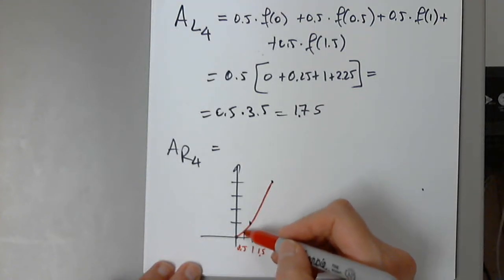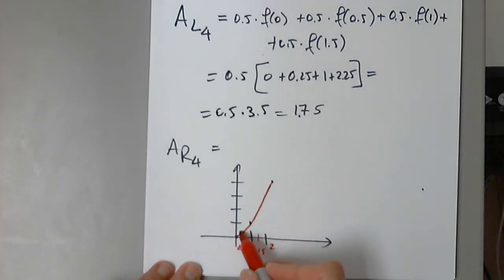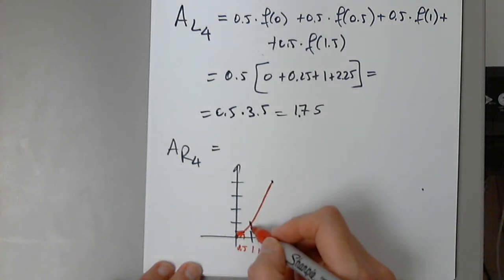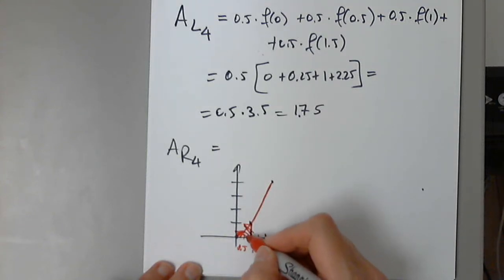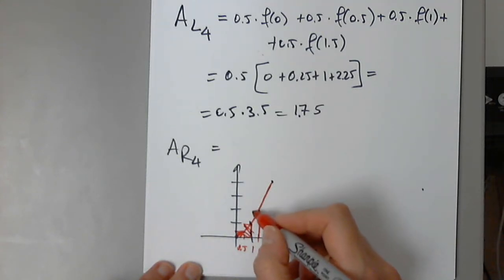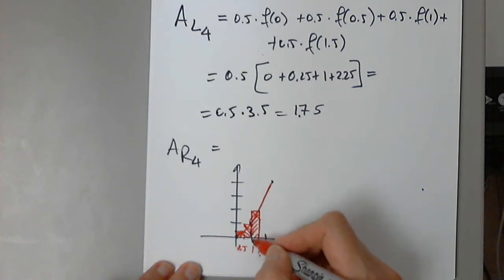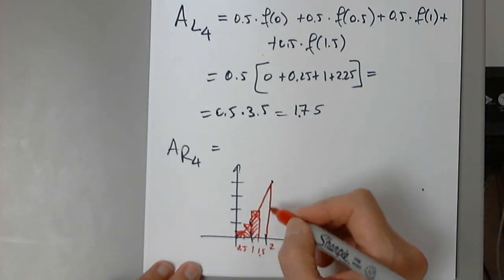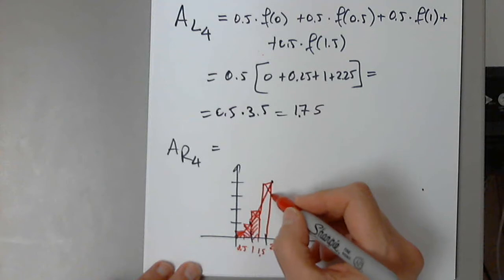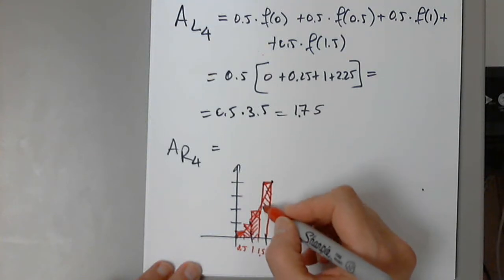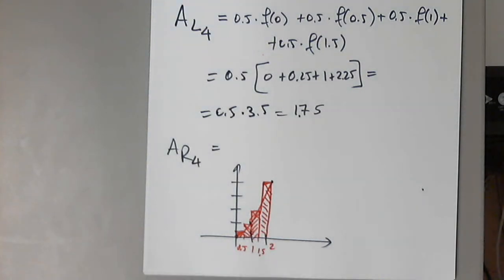But this time, this is the height. This is the height. This is the height. And this is the height. Will this area be an underestimate or an overestimate of the actual exact area?